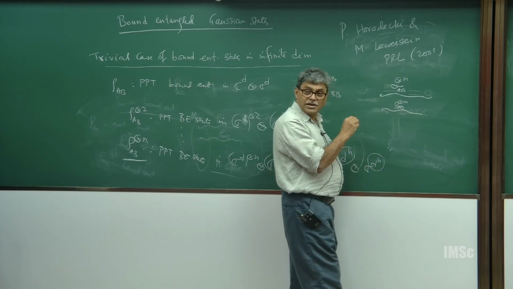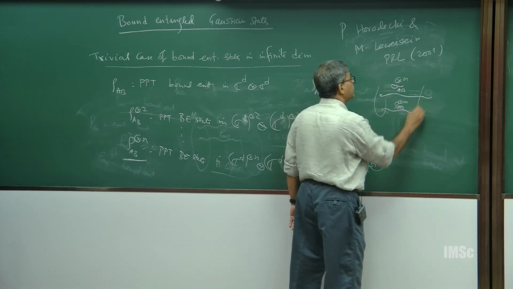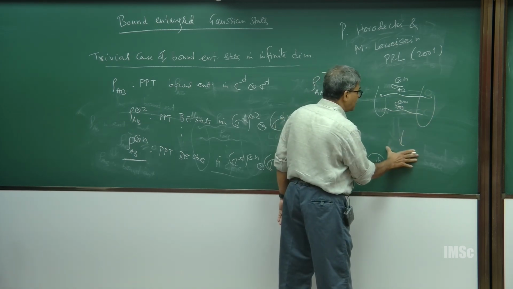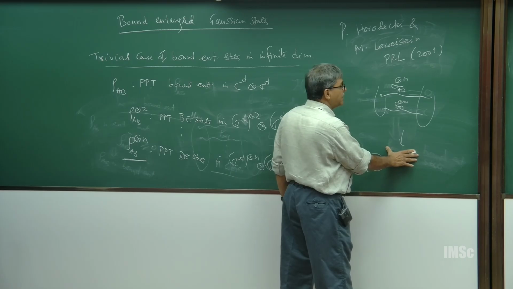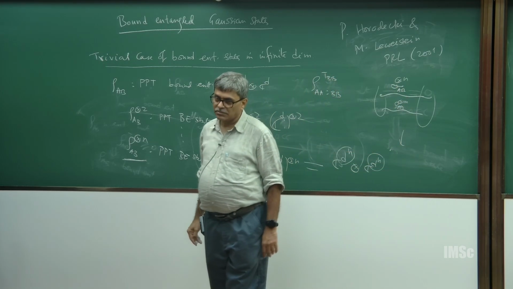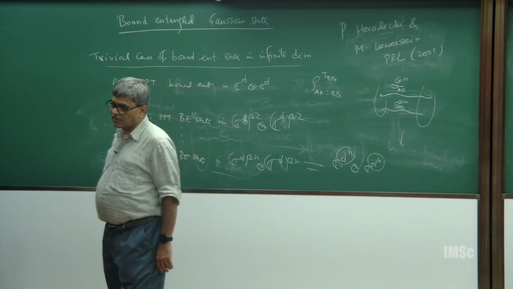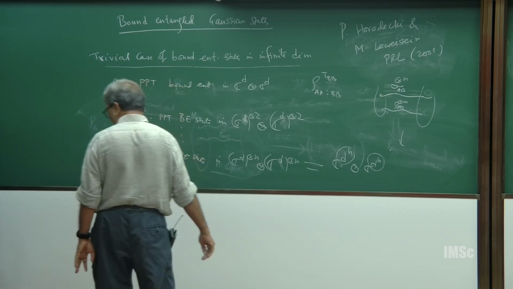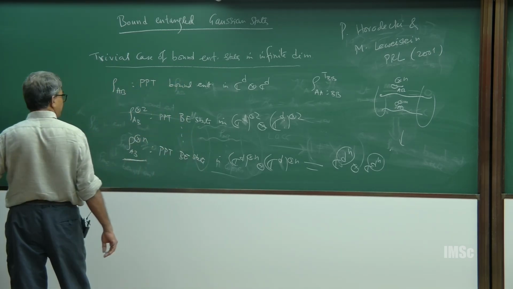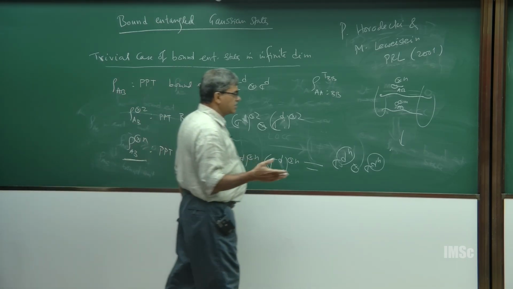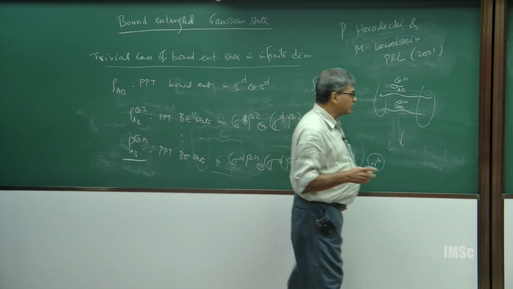Then you can perform an LOCC operation to get something where the amount of distillable entanglement is higher than what you had initially. So, the rate increases. This is called activation of distillable entanglement, whatever people call it.